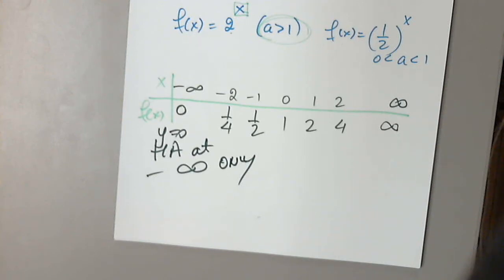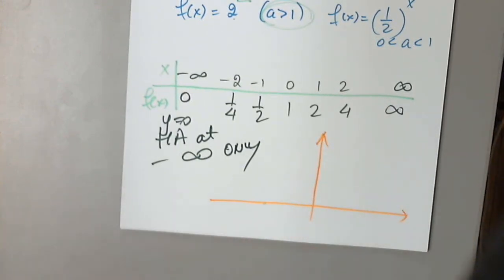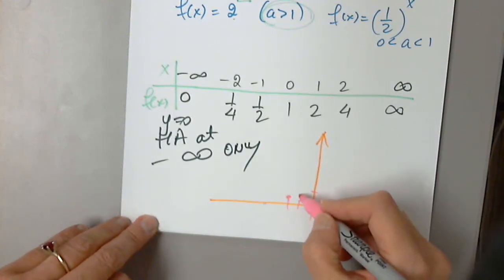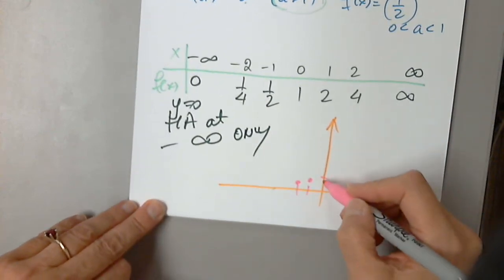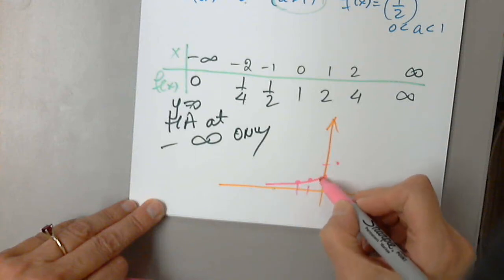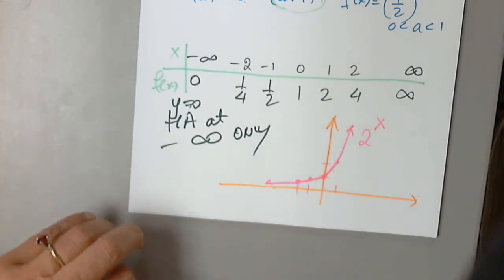So this function basically looks like this. A horizontal asymptote on this side and blowing up on the other. So let's graph it. So -2, 1/4, -1, 1/2, 0, 1, 1, 2, etc. And this is the graph of 2 to the x.